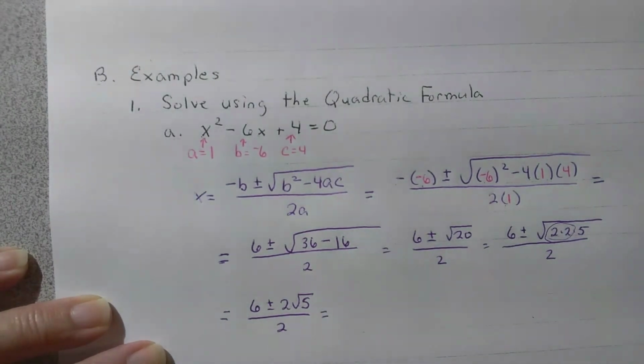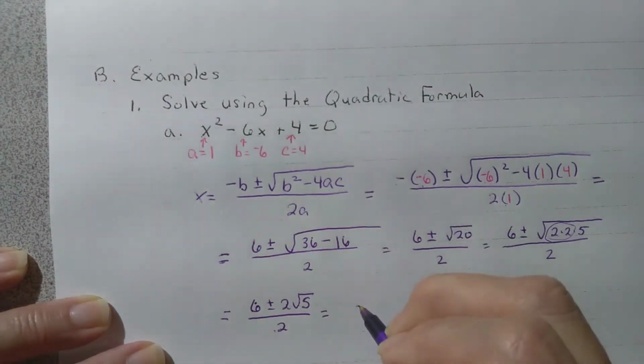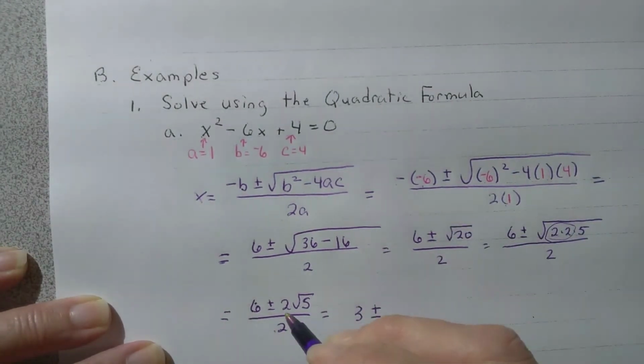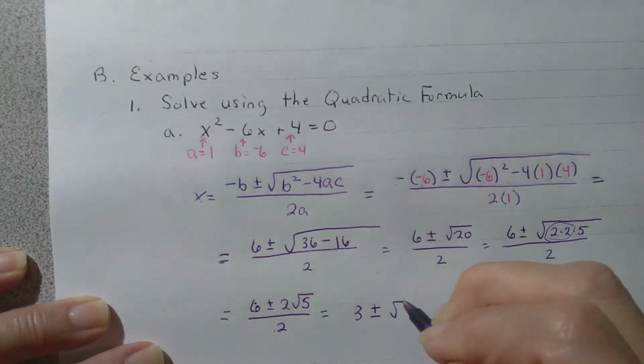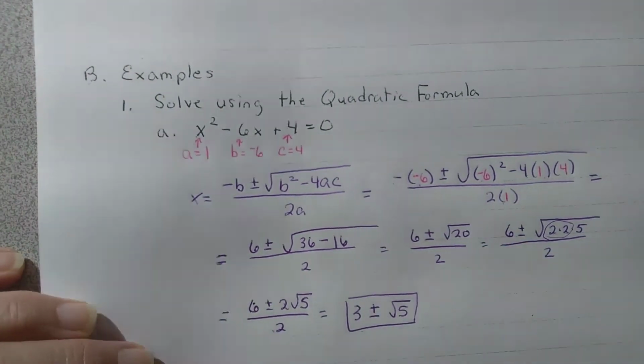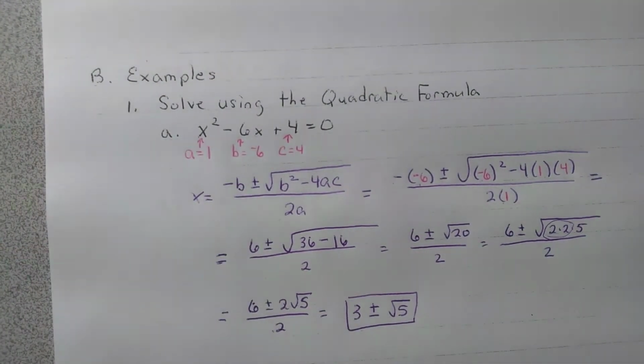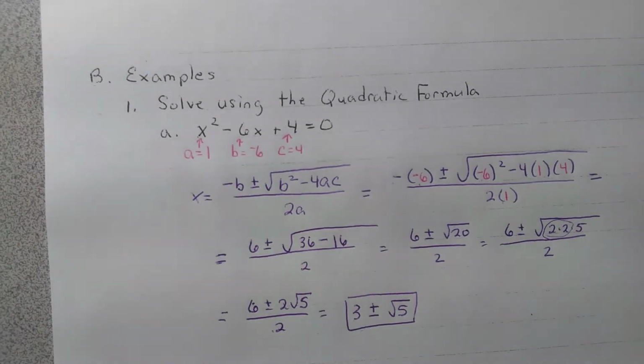We are not done because that and that will reduce. 6 over 2 is 3. And 2 over 2 is 1, which just leaves that root 5. And we are finished. We expected 2 answers. Quadratics always have 2 answers, and we got exactly the 2 answers that we thought we were going to get.